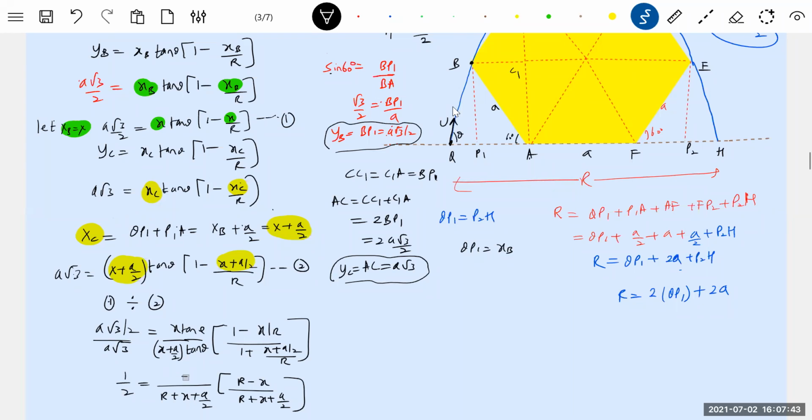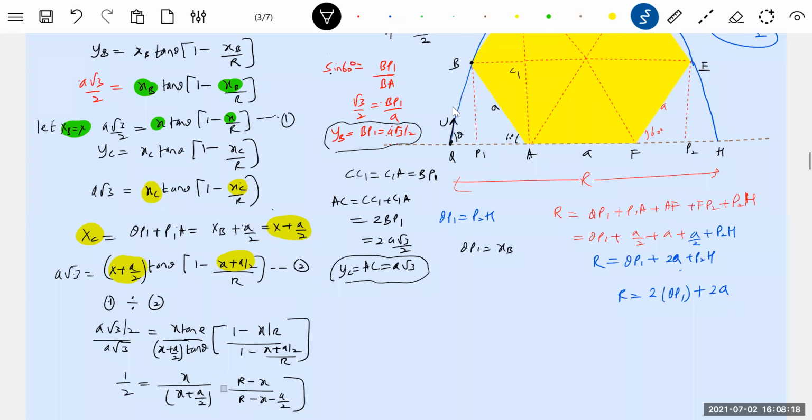Why am I writing this? This will be x by x plus a by 2. Okay, now I brought it. So we have to simplify. What to simplify here? Sir, denominator negative, no, sir? R minus 1 minus 1 minus. This will be minus of this one.